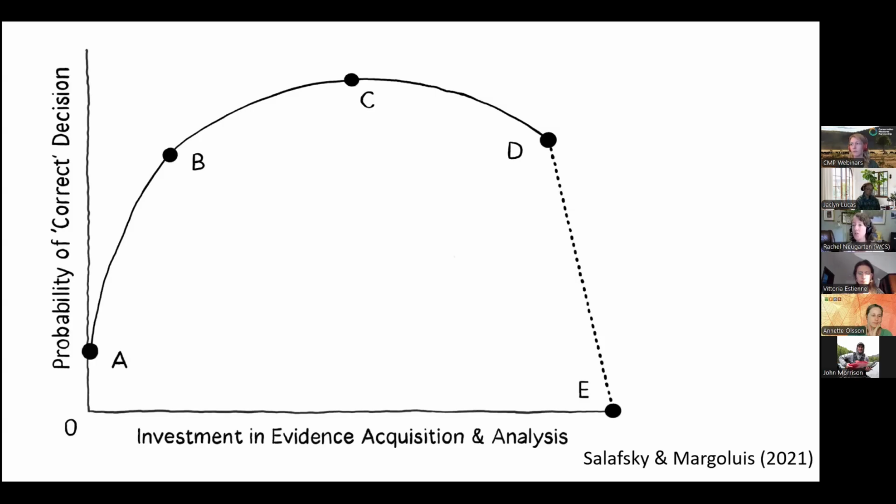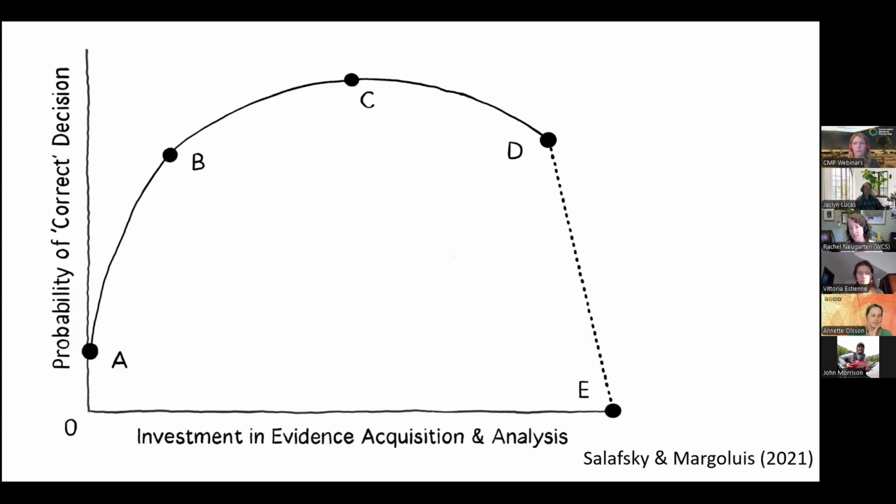Okay, I'm shamelessly stealing from Nick Salafsky and Richard Margoluis's slide here, but I love this example that they give, where they talk about the level of investment in evidence acquisition and analysis on the x-axis, right?